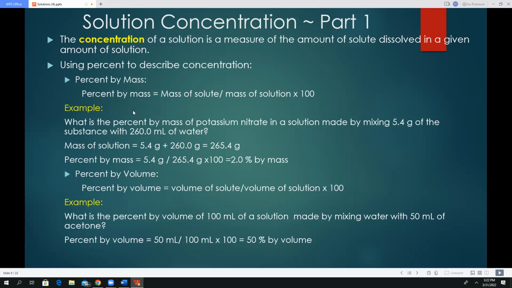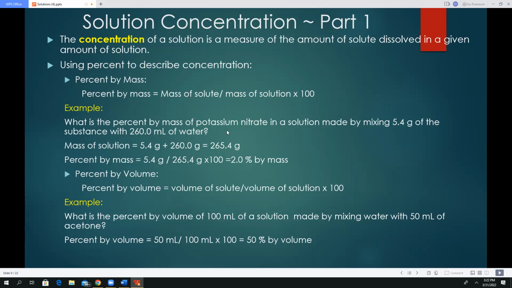So you're going to need the density if you're given milliliters, to change it if it's not water. So the volume of the solute, and the volume of the solution, you're going to divide by that, and then times 100.